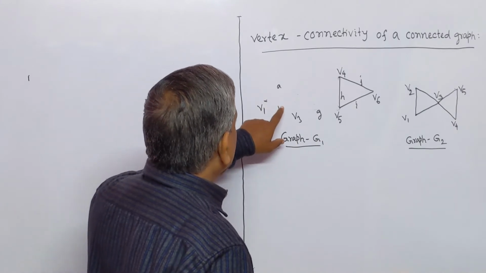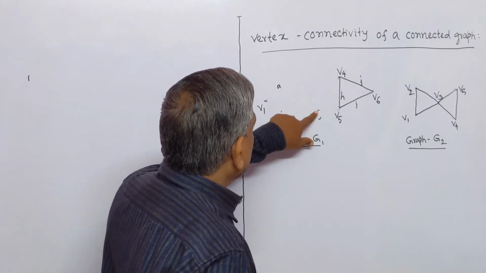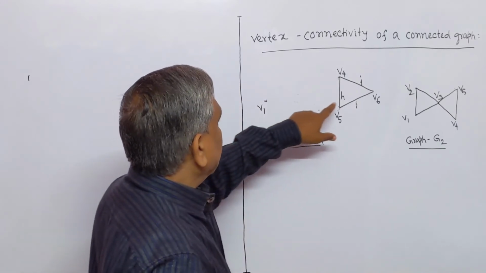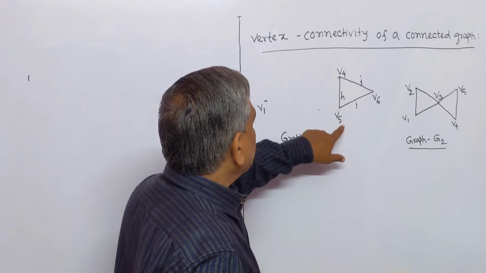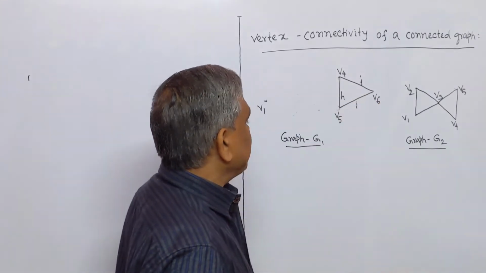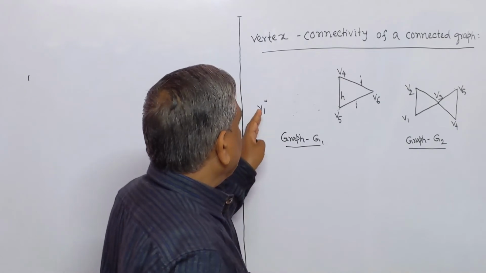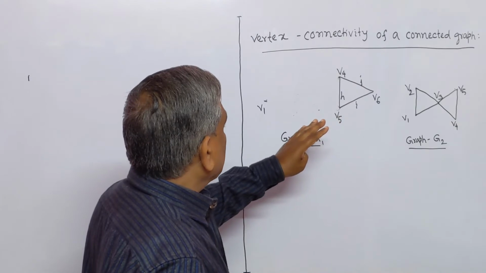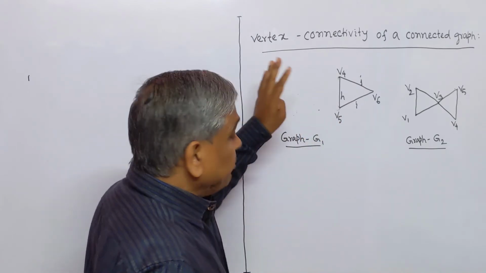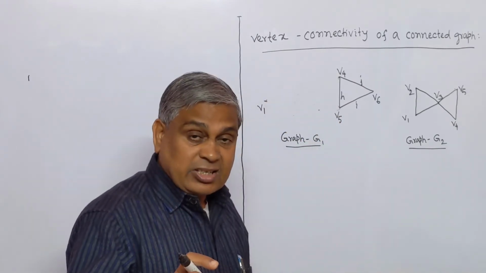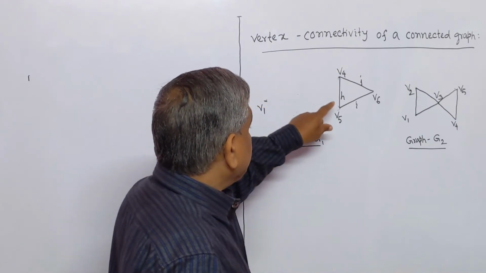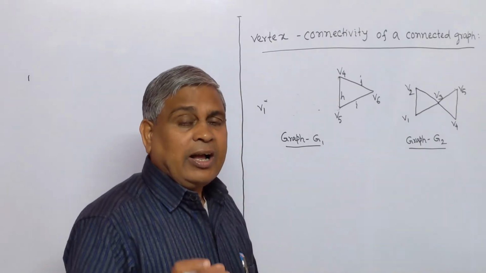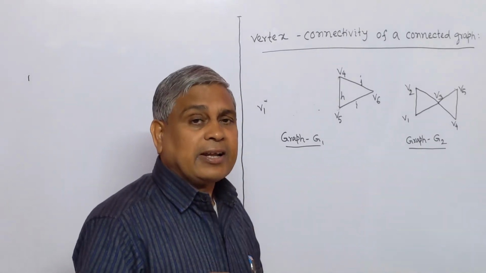In the first component, we see that the vertex V1 is present, and in the second component, vertices V4, V5 and V6 are present. These are two disconnected graphs. So, if we remove two vertices, then we get two disconnected graphs. In this way, we may remove the vertices and we get the disconnected graphs.